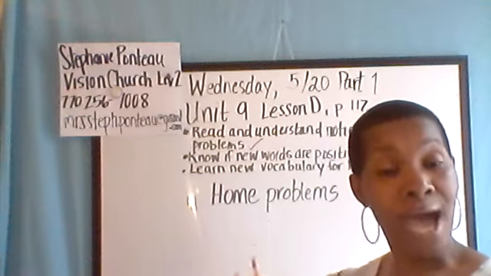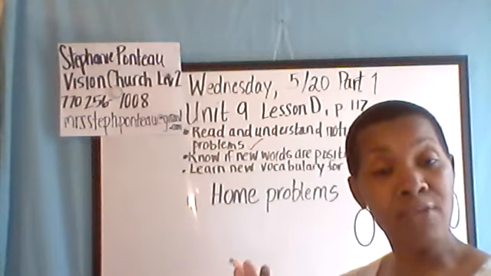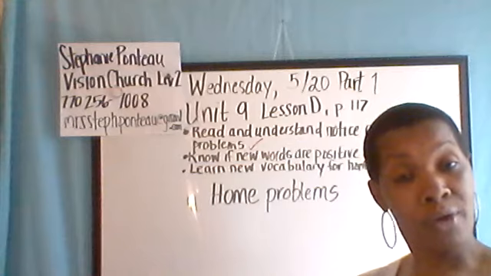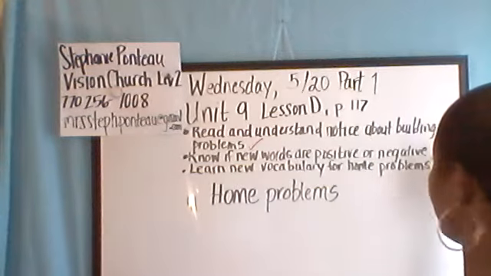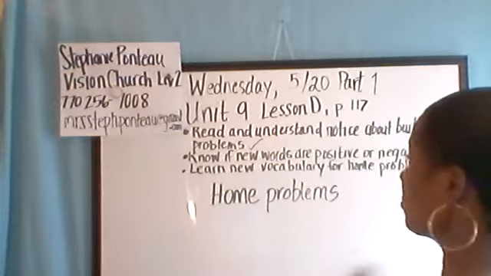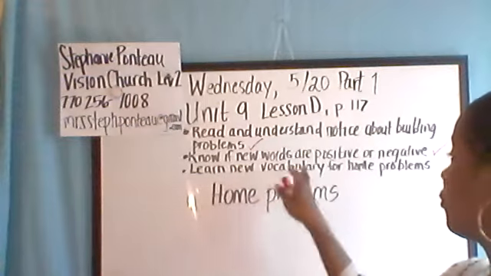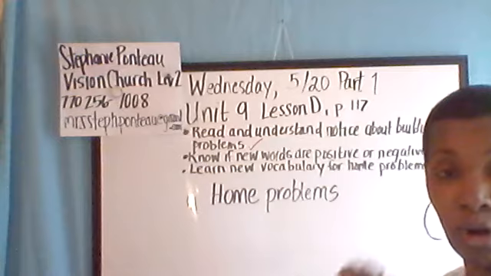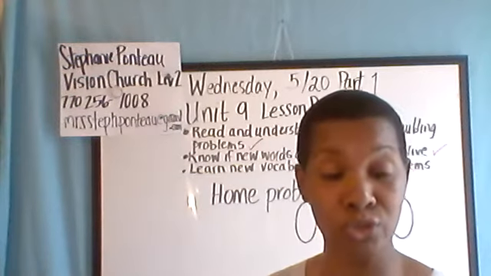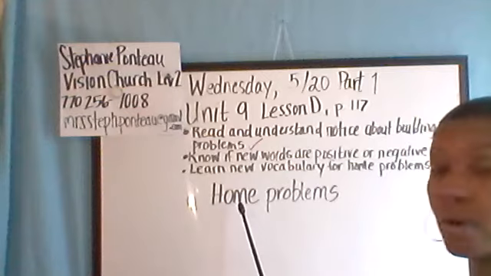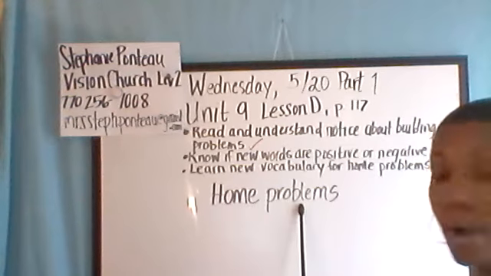We figured out how to decide if words are positive or negative using clues from other words nearby. So we did that. Now, the other thing that we're supposed to do in Lesson D is to learn new vocabulary for home problems. And that's what we're going to do today. We're going to learn some new vocabulary words for home problems.